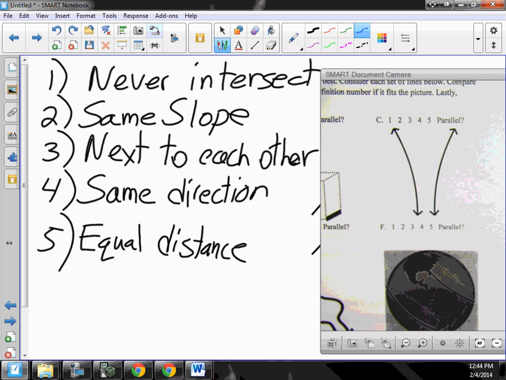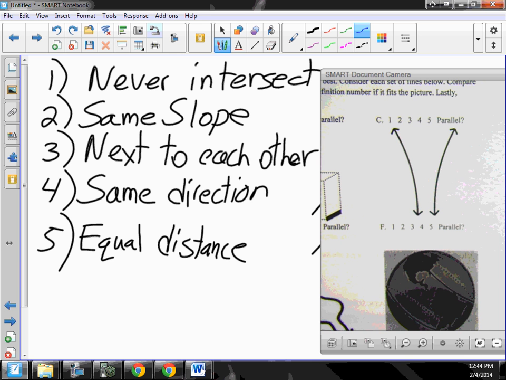All right. C. 1. Yes. 2. Well, it kind of depends. Do they have the same actual steepness? Yes. Do they have the same XY slope?